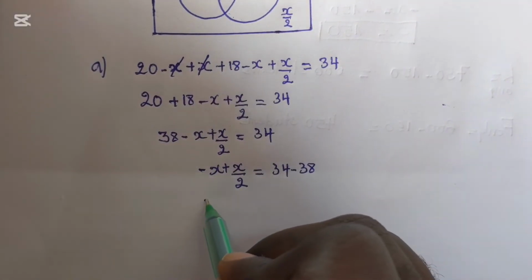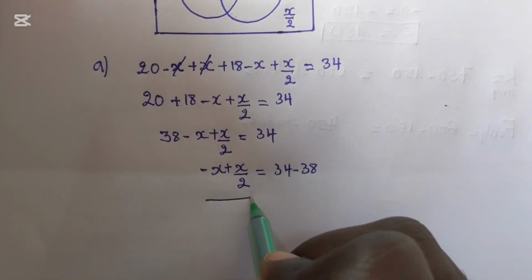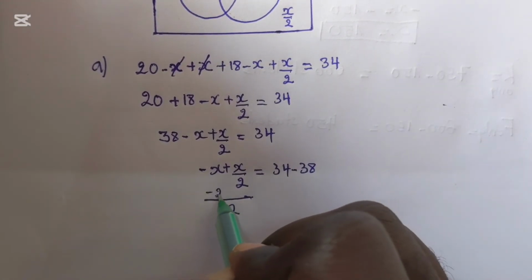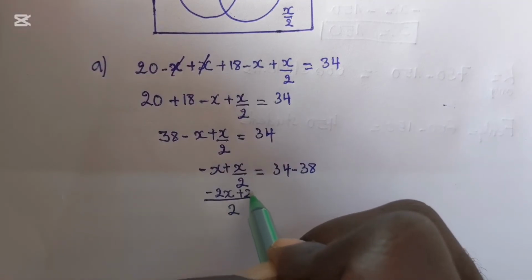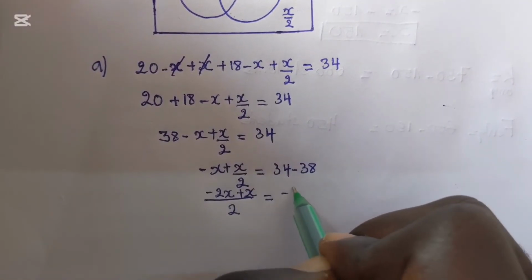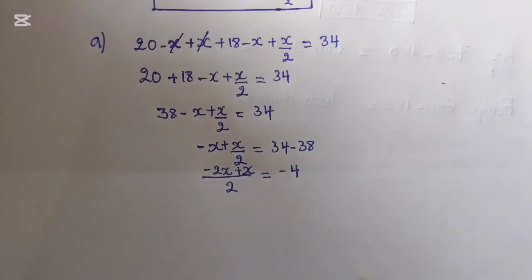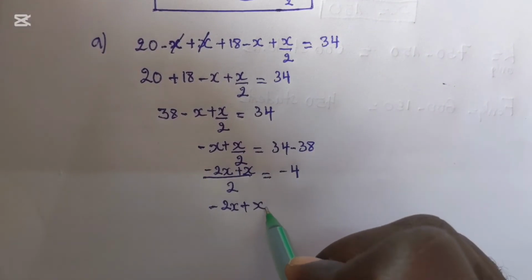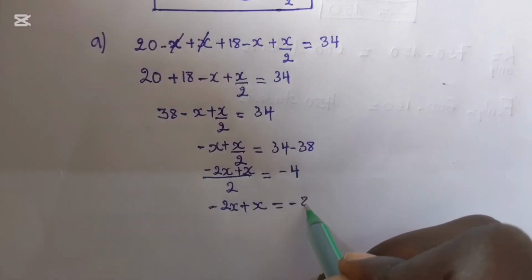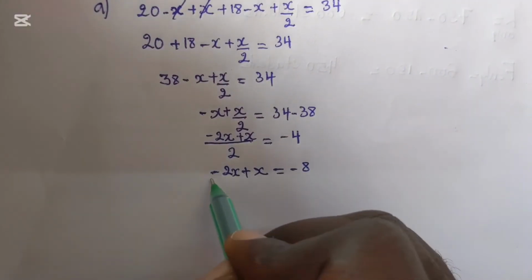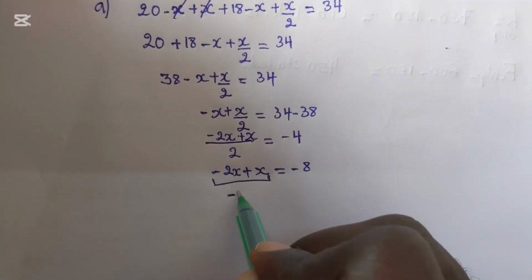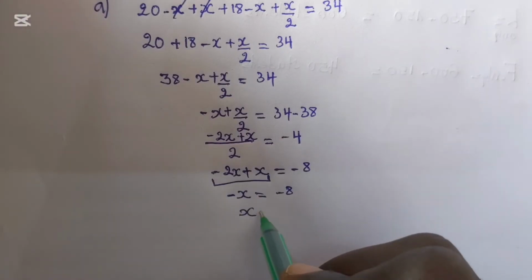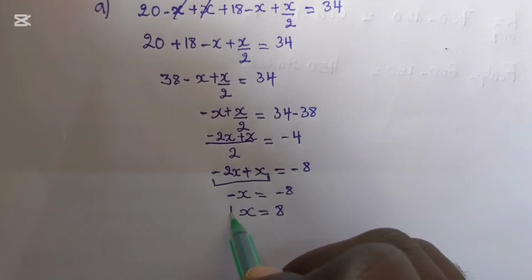Taking a common denominator of 2, we get negative 2x plus x equal to negative 4, then negative 2x plus x will be negative x, which equals negative 8. Then our x will be 8.